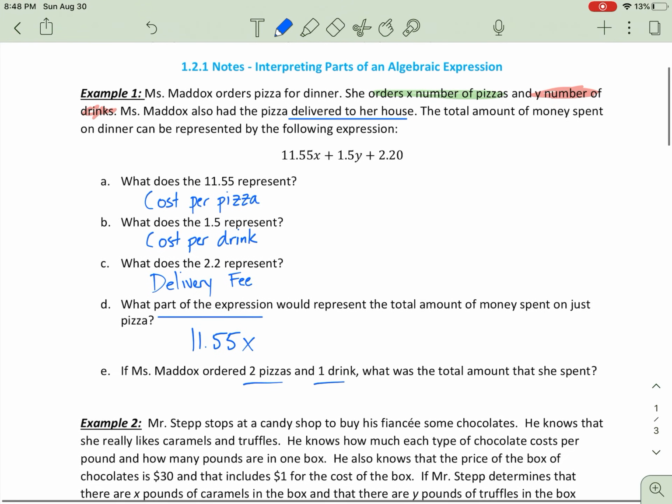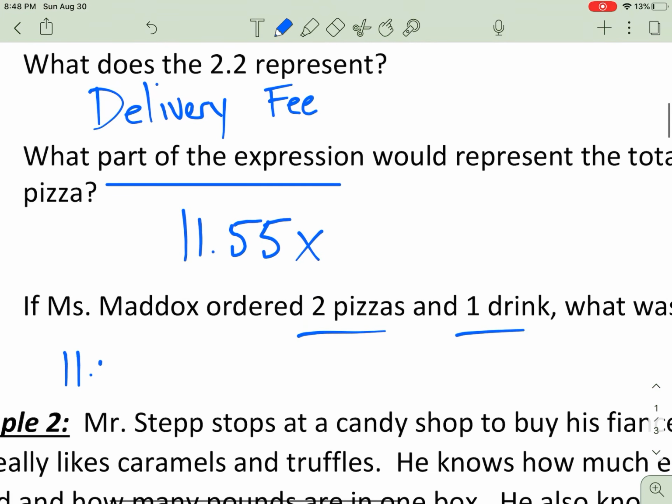If Miss Maddox ordered 2 pizzas and 1 drink, what's the total amount that she spent? This is awesome. We just get to plug it in. Or as I like to say, we get to plug and chug.